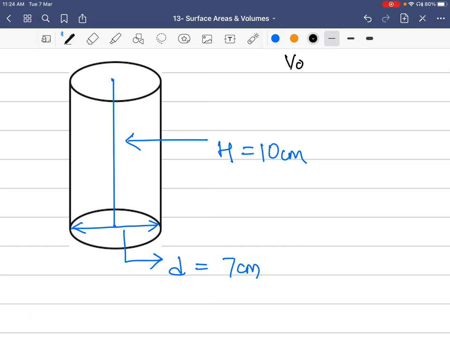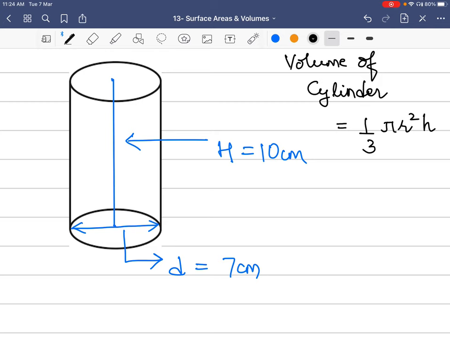We are going to write here. So volume of cylinder. What is the formula to calculate the volume of cylinder? That is equal to 1 by 3 pi r square h. Okay, 1 by 3 pi r square h. Oh no, sorry. Volume of cylinder is pi r square h.